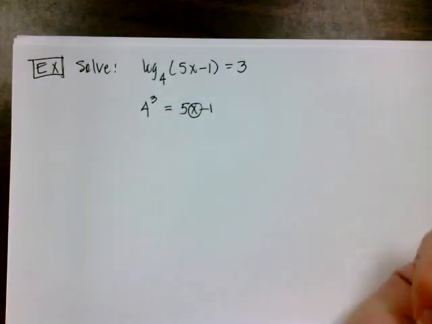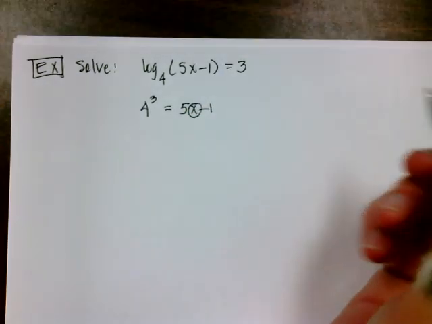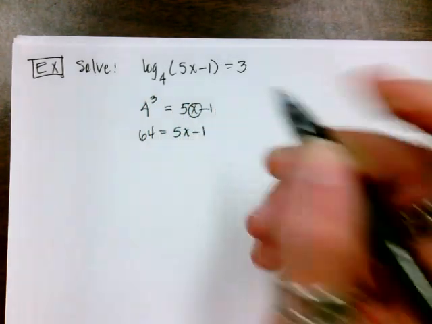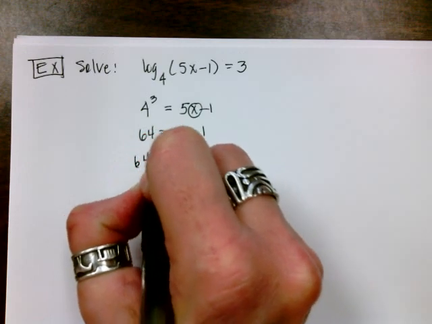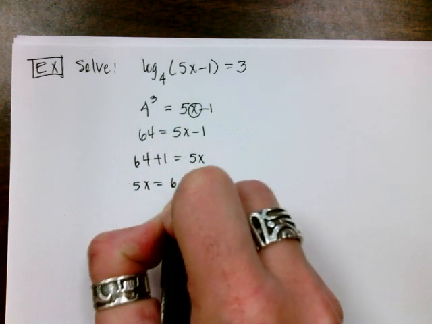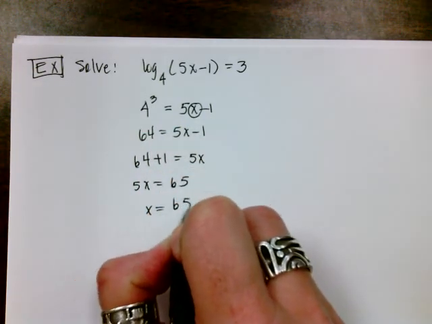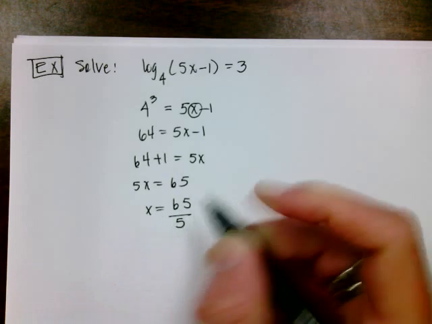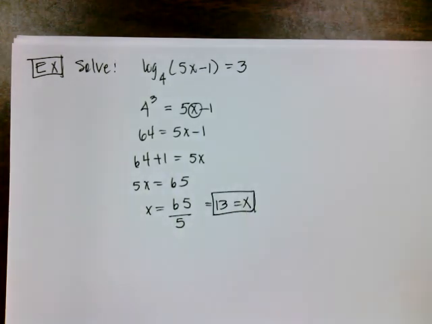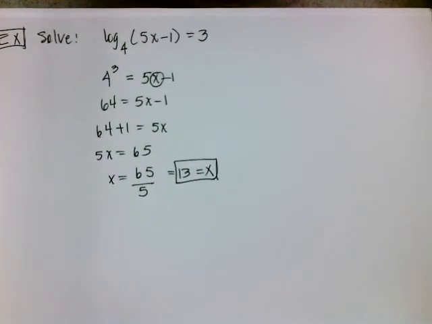And the goal is to solve for x. 4 to the third is 64, so I get 64 is equal to 5x minus 1. 64 plus 1 is 5x. So 5x equals 65, and x is going to equal 65 divided by 5, which is 13. So there's my solution for x. So sometimes I am going to go from exponent form to log form, and other times I'm going to go from log form to exponent form.